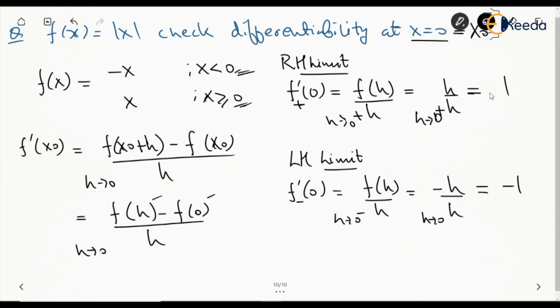We can see that f dash 0 for the positive side, that is right hand limit, is not equal to f dash 0 for the left hand side. So we can say the derivative does not exist.